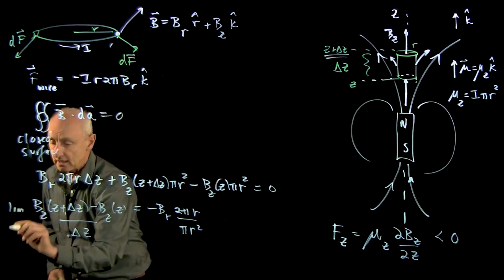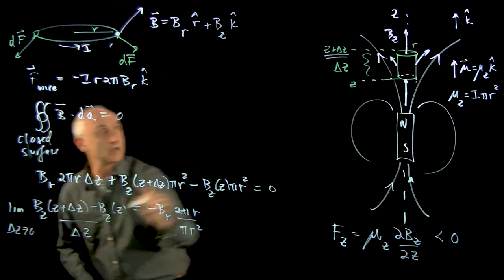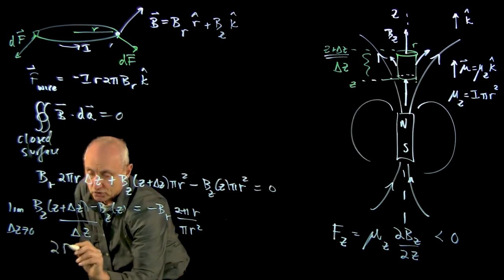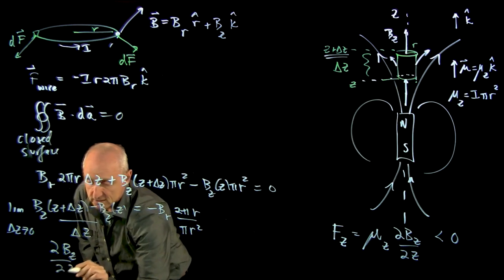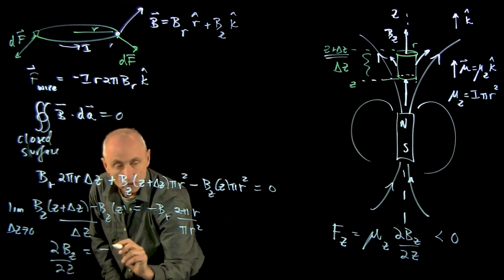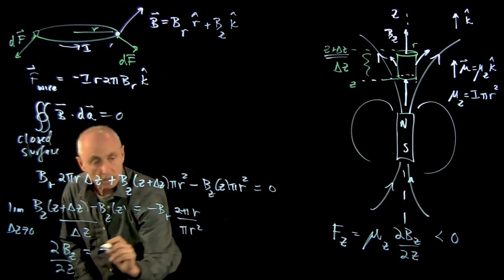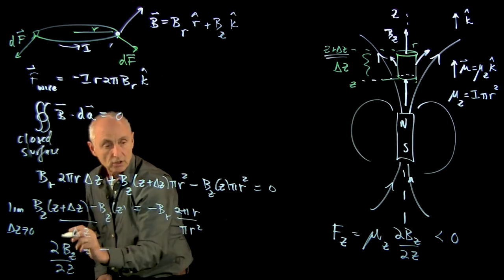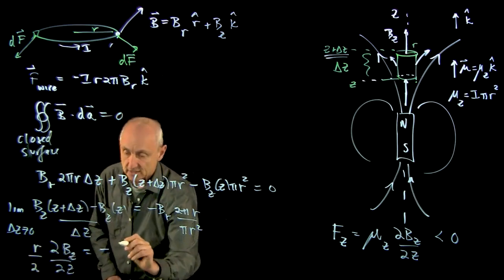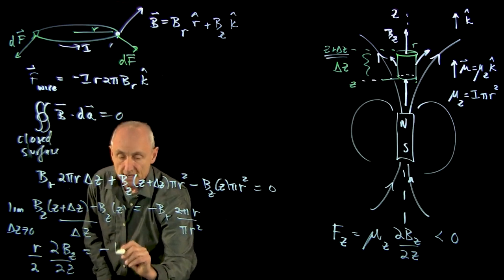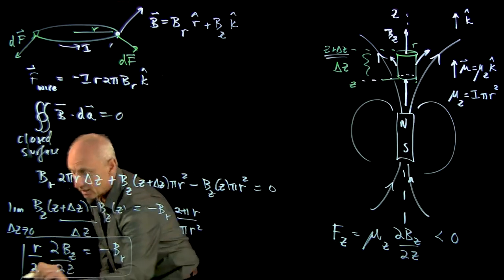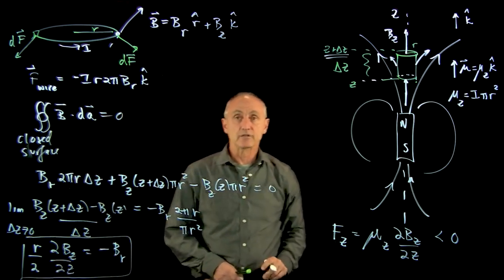And now you can see that in the limit as delta z approaches 0, this is just the partial derivative of Bz with respect to z. Let's bring the r upstairs and the 2 downstairs, and that is equal to minus Br. And that is the condition of conservation of magnetic flux.